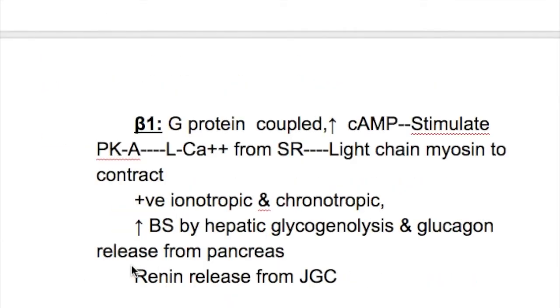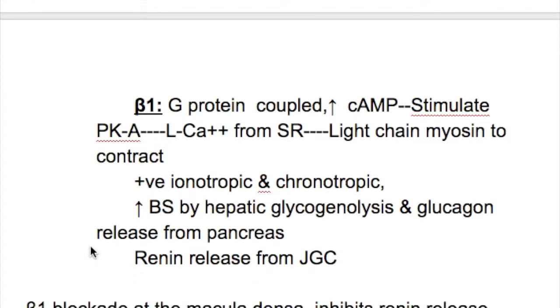So what are the effects of beta 1 stimulation? Beta 1 receptors are G protein coupled receptors. They increase the cyclic AMP and stimulate the protein kinase A enzyme. And what does that do?